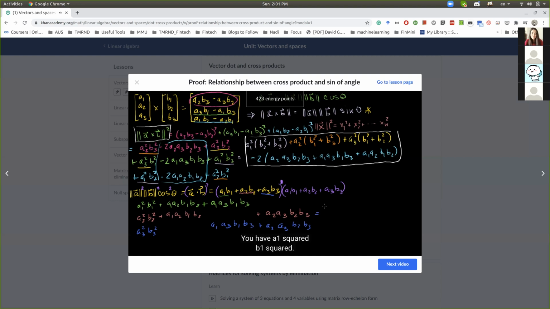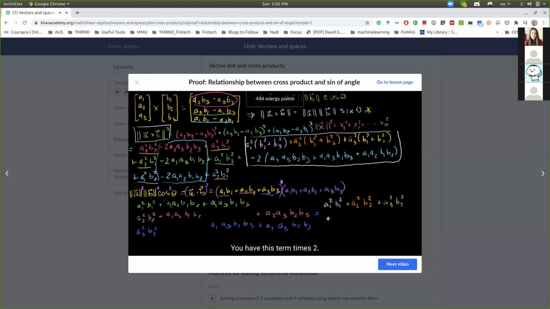You have a1 squared b1 squared, plus a2 squared b2 squared, plus a3 squared b3 squared, plus, what do you have here?